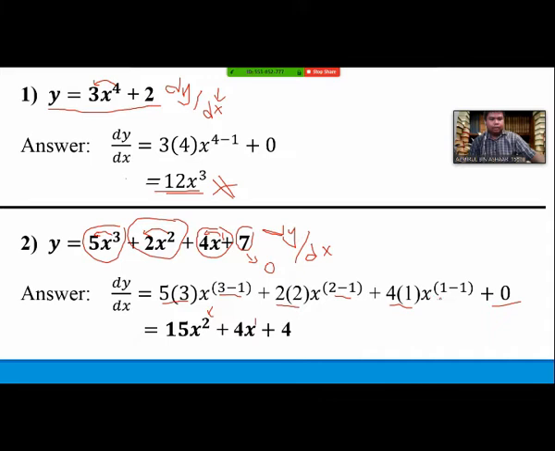And x is power of 0, but x power of 0 is equal to 1. So it is only 4. Okay, so the answer is 15x square, jawapan adalah 15x square plus 4x plus 4. Is it right?